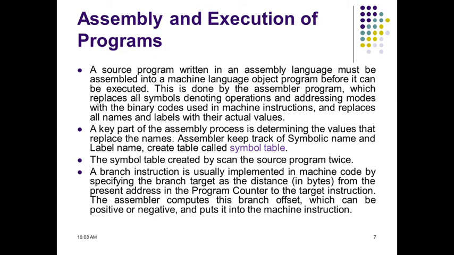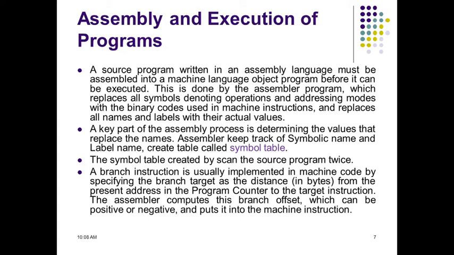So is it clear what two-pass is here? I'll explain this again. Here the assembler will scan the entire source program twice. During the first scan, or the first pass, it will create a complete symbol table for that program.